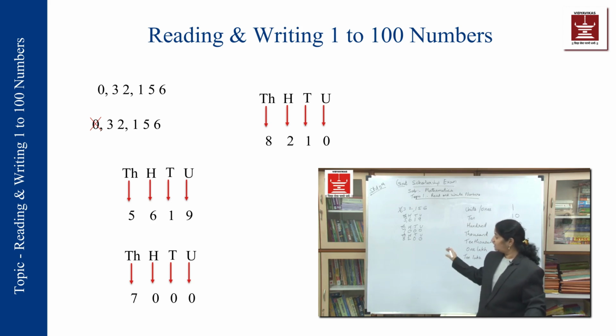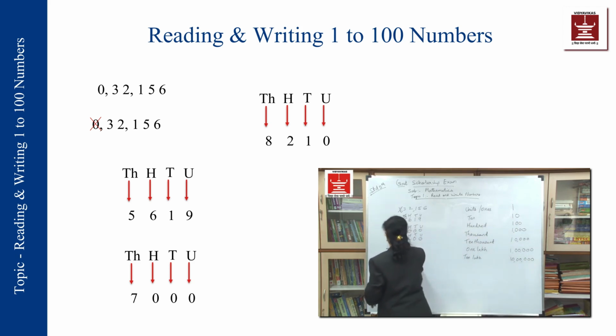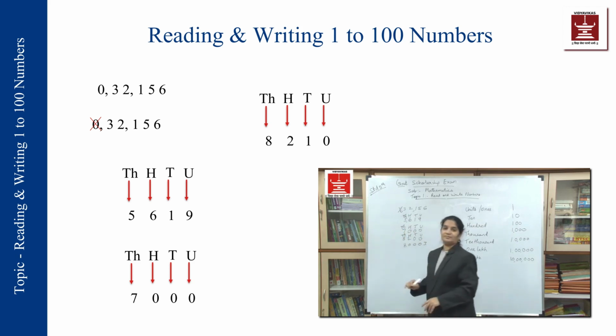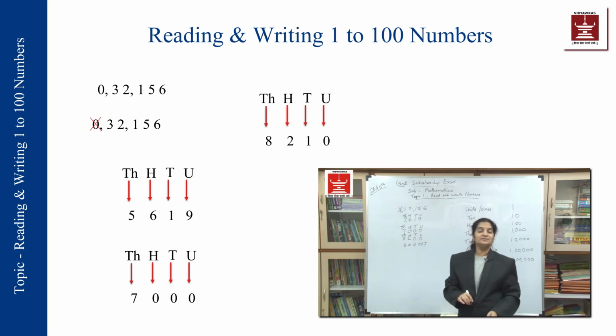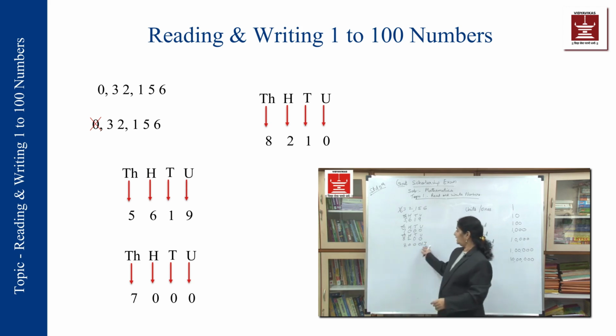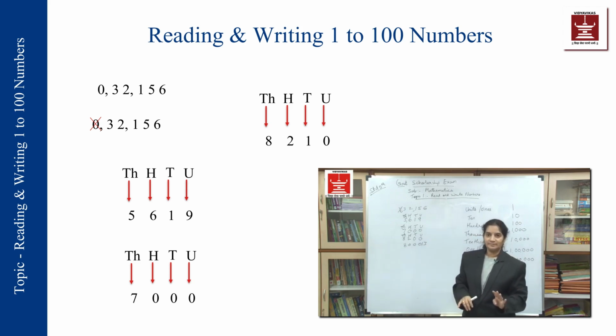Because if I am confused here, if I say 8003 and I don't know how many digits 8003 has, then I may write it as 8000 and 3. If it's 8013, I may write it like this. But it is not like this. When I say 8000, it has to be a 4-digit number.